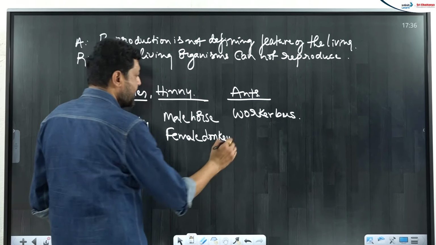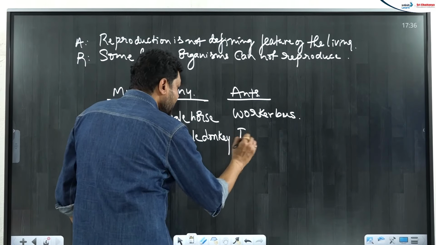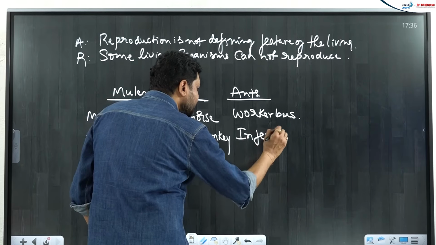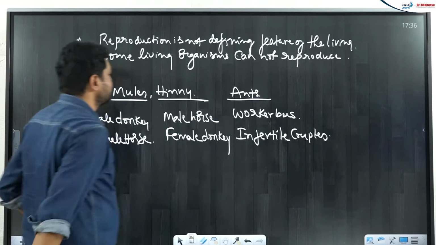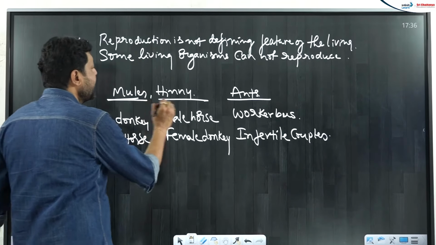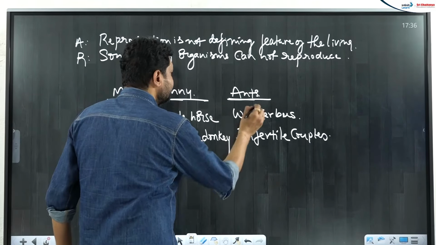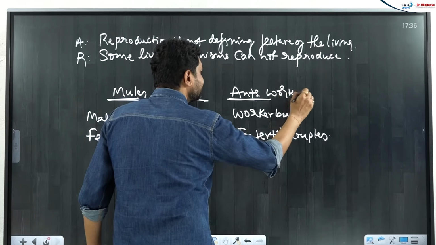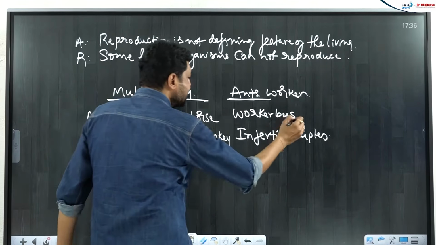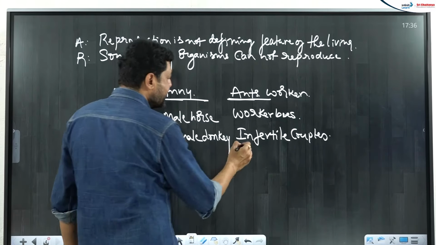Worker bees are sterile. And I will add one more, infertile couples. So mule, hinny, worker ants, worker bees and infertile couples.